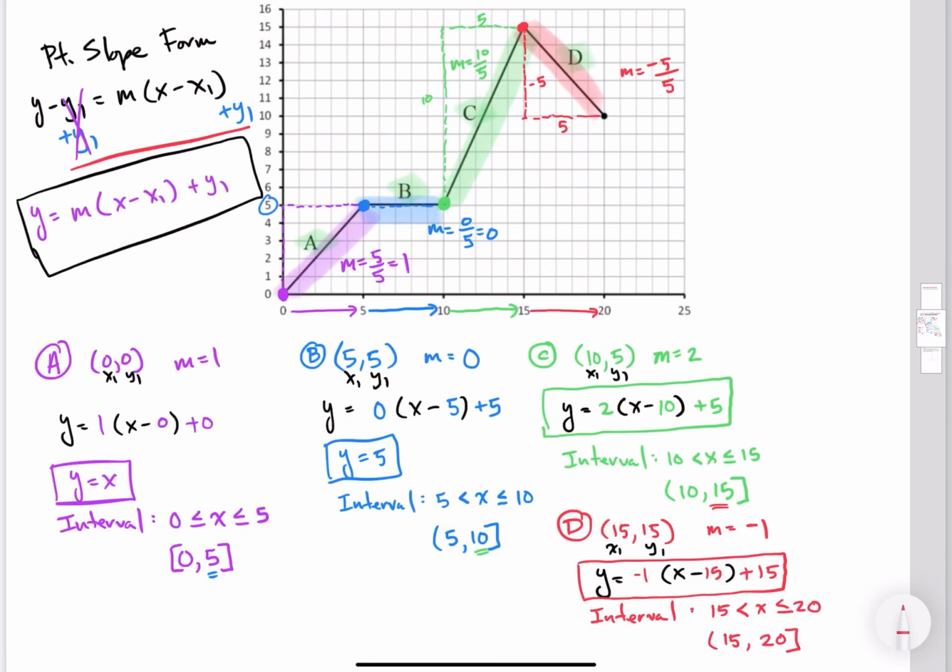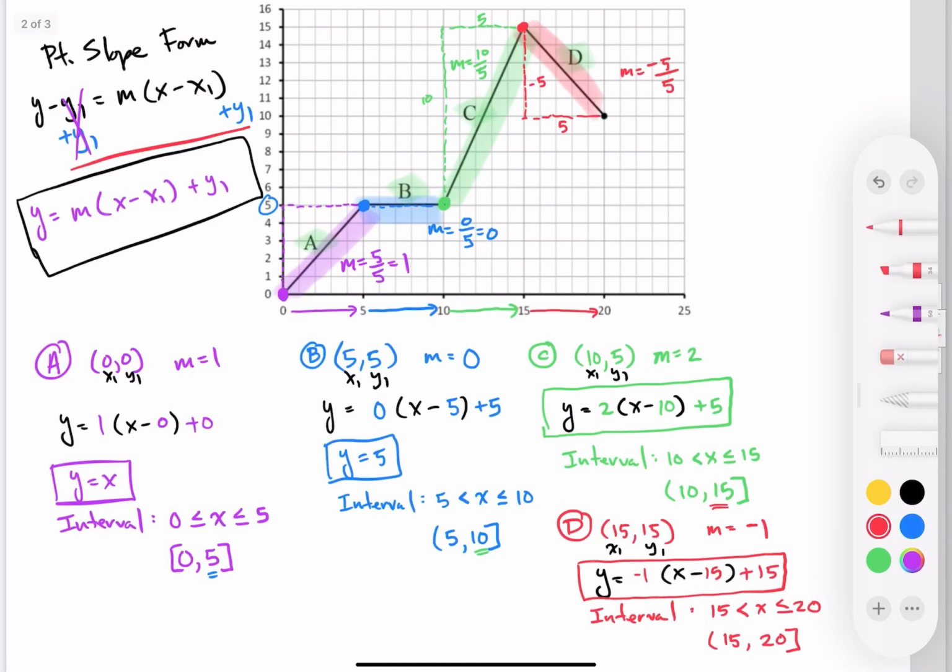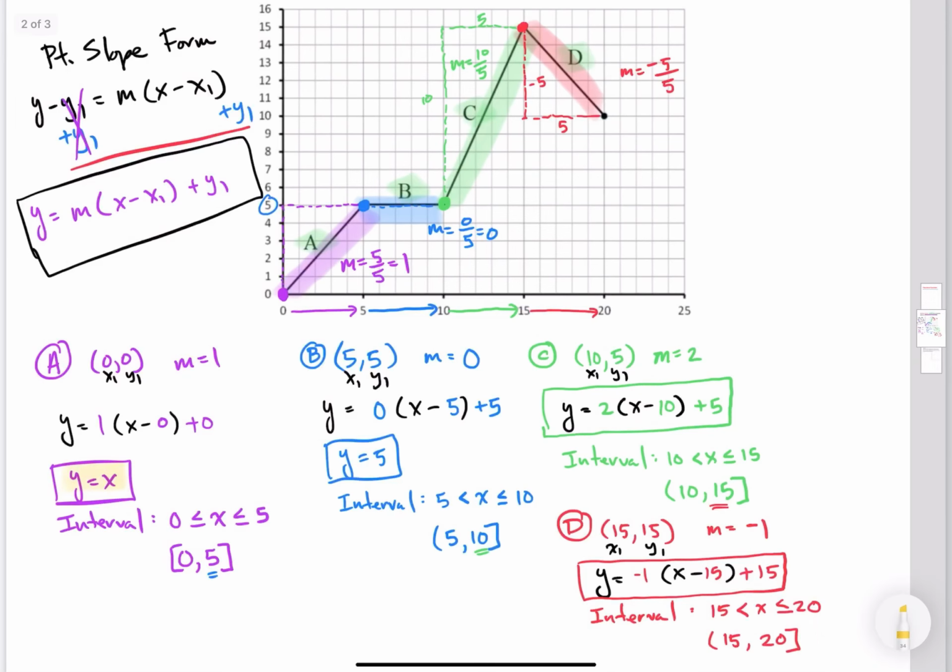So here are our 4 pieces. I'm going to highlight the important information that we need here. So we need the equation for each piece. So we've got y is equal to x along the interval of 0 to 5. And we can write it in terms of the inequality or brackets. Our second piece is y is equal to 5 along the interval of 5 through 10. Again, either in terms of the inequalities or the brackets.